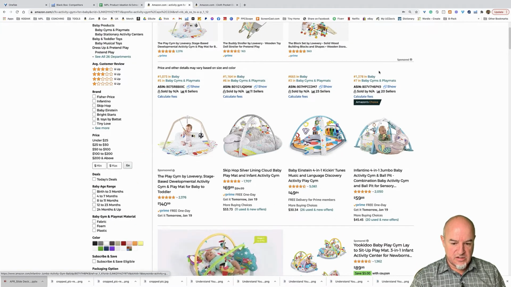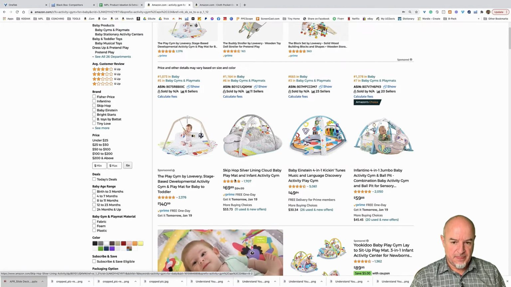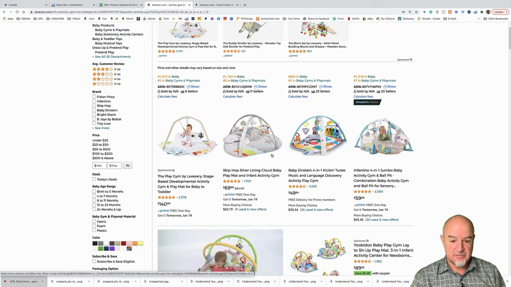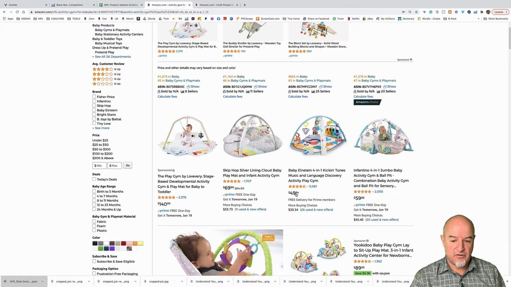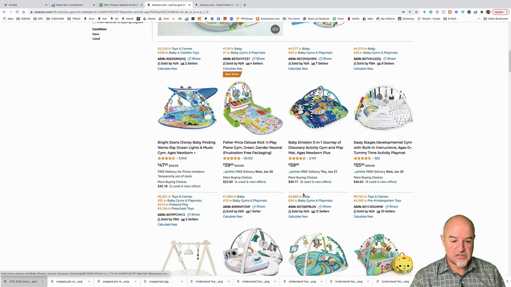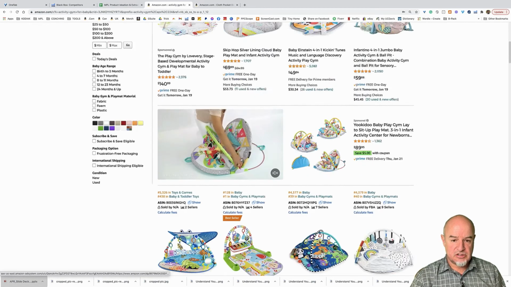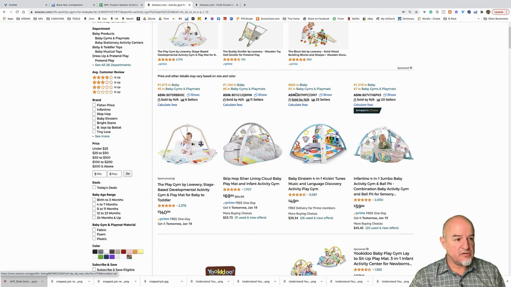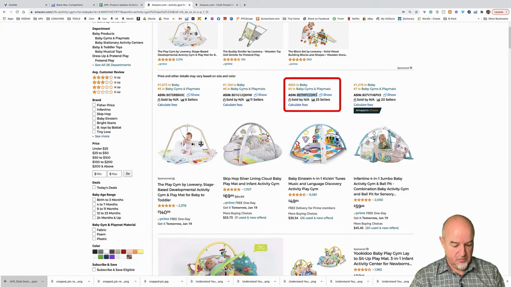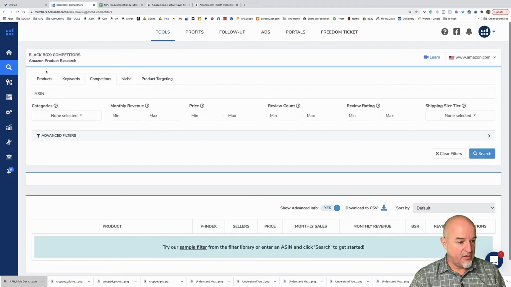Let's say that we want to spend under 50 bucks, or right around 50 bucks. Then we can look at these top sellers here. There's one here for 49. There's some down here for 39, 59, 55, 47. So as you can see, there's some that are under 50 in the top 10, and there's some that are over 50 in the top 10. So let's just pick the ASIN on this guy here and go into Black Box and search for that here.